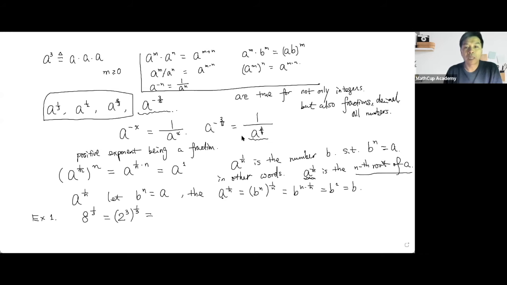By the power property, a to the power m raised to the power n equals a to the power m times n, this is 2 to the power 3 times 1/3, which is 2 to the power 1, and equals 2. So you see 8 to the power 1/3 is the number such that the number raised to the power 3 equals 8. The third root of 8 is 2.